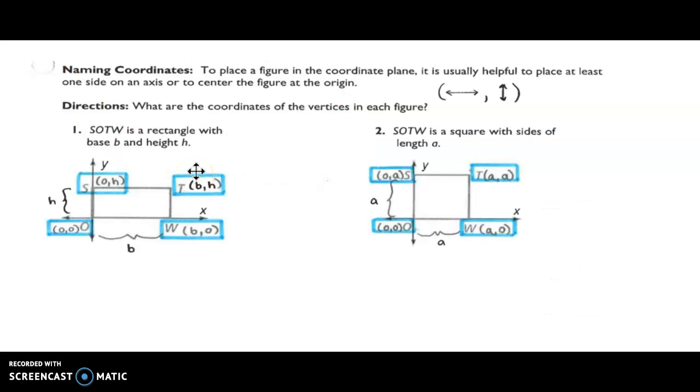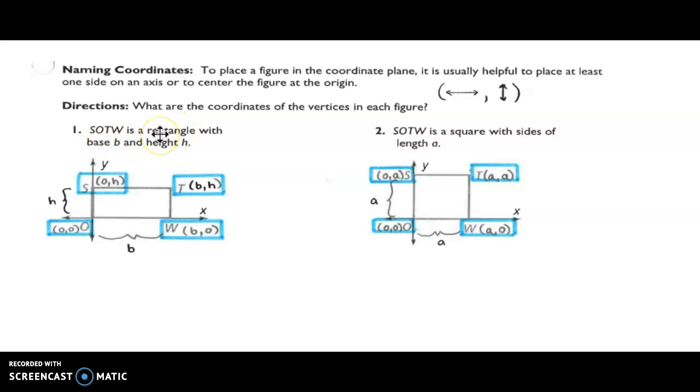Some of this stuff might seem confusing because we're not really using numbers for the coordinates, but we're going to use letters. Read over what it says here in terms of naming a coordinate. Here, the origin is 0, 0. In example 1, it says SOTW is a rectangle.